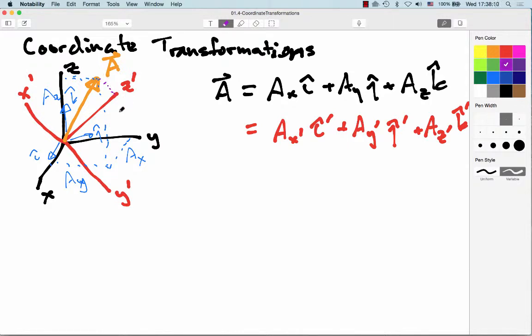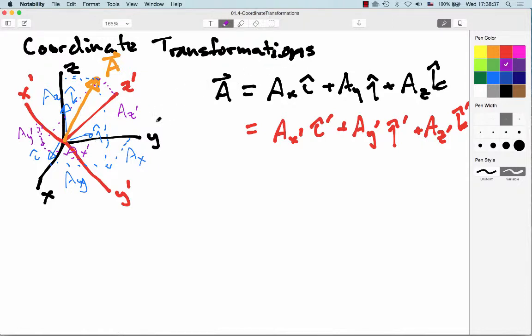We would project this up against the z-axis, making that bit right there a z prime. And then we would go ahead and project this down into the x prime y prime plane, project back like so, making this piece a y prime, project over like that, making that piece an x prime like so.